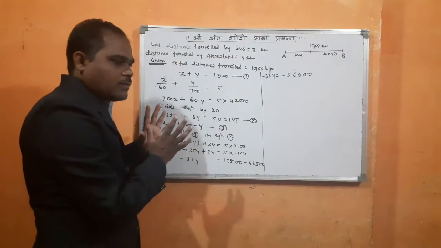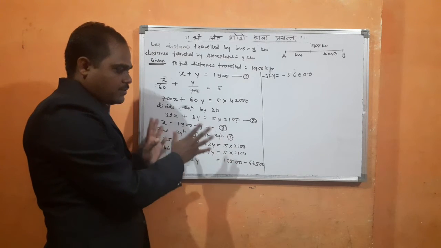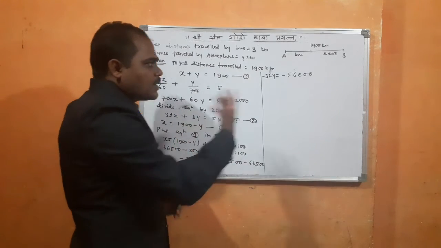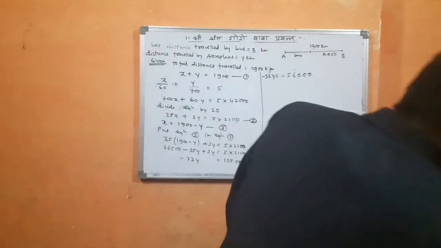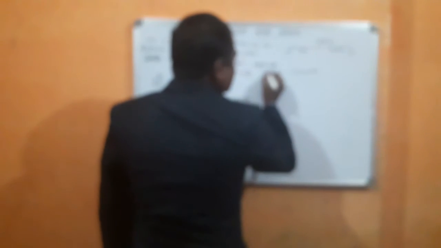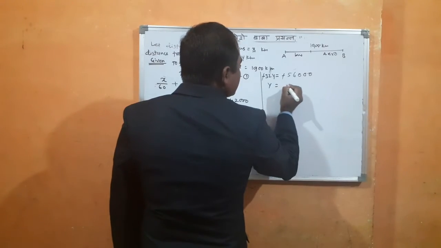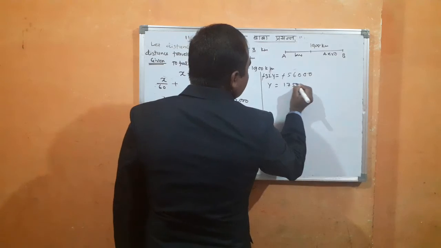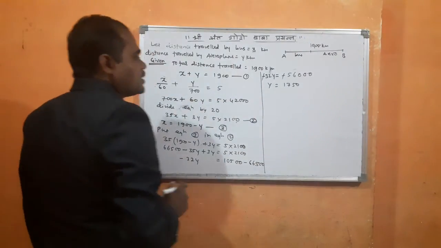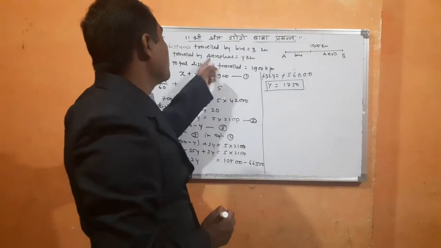You can easily solve this equation which we have written on the blackboard. Now by dividing 56,000, this minus and minus get cancelled. Dividing 56,000 by 32, we will get y is equal to 1750, and this is the distance traveled by Vishal using aeroplane.